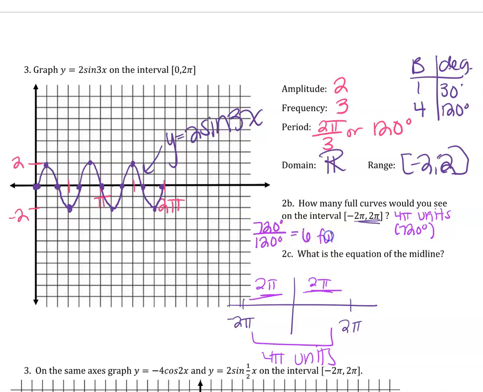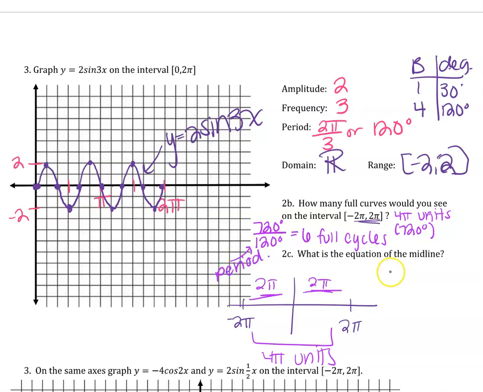So that means I would expect to see 6 full cycles of the sine curve over that interval of negative 2 pi to 2 pi. Okay, because again, I took the interval and I divided it by the period.